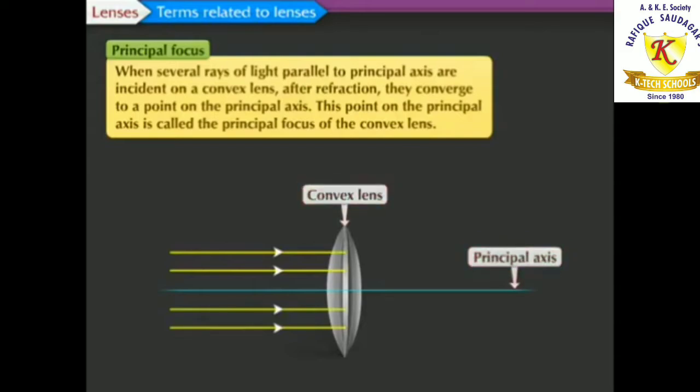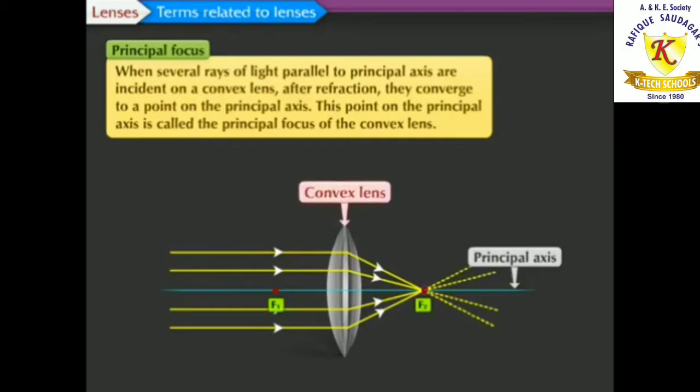Light rays parallel to the principal axis falling on a convex lens come together, that is, get focused at a point on the principal axis. So this type of lens is called a converging lens. F1 and F2 are the principal foci of the convex lens.